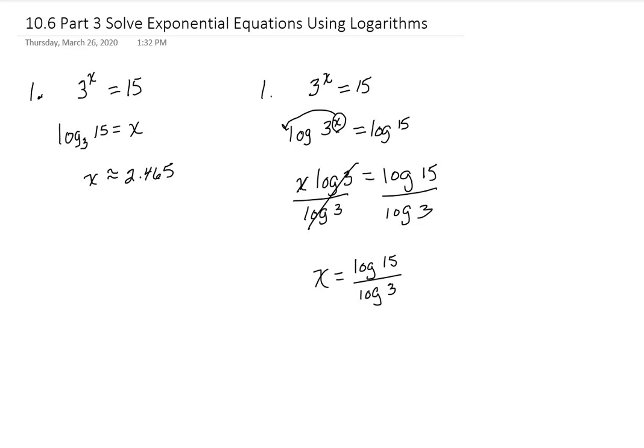And you can't say that's the log of 5. You have to put it in your calculator like this, and you're going to get approximately 2.465.